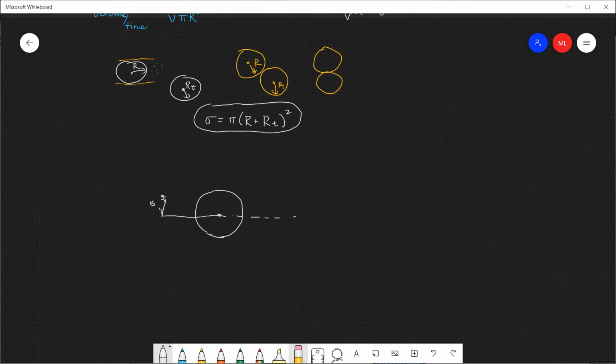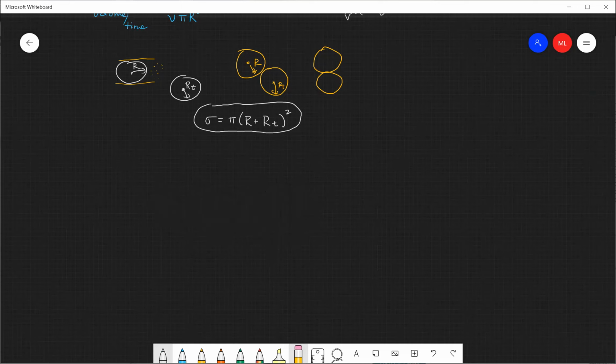Let me see if I can fix this tablet. It hasn't really done this before. Any questions about what we're doing so far? Okay, that's better. I think it was just running out of battery or something.